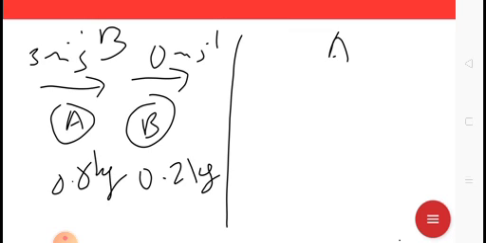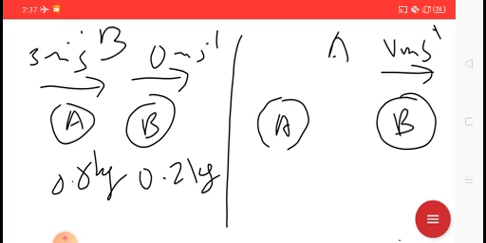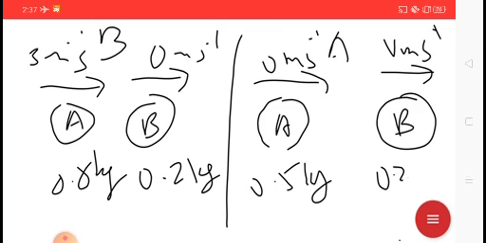After collision, you have A and B. Assume B moves in this direction. For A after collision, you will have 0, as the question mentioned. The masses are 0.5 kg and 0.2 kg. So this is the first part.